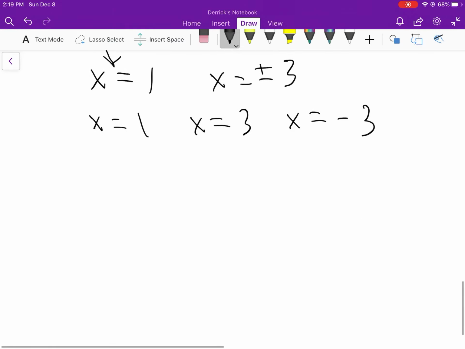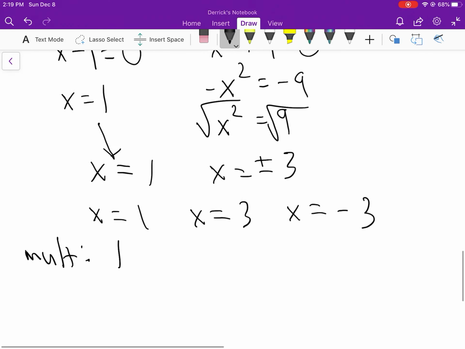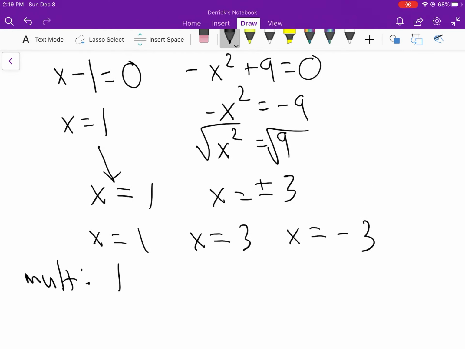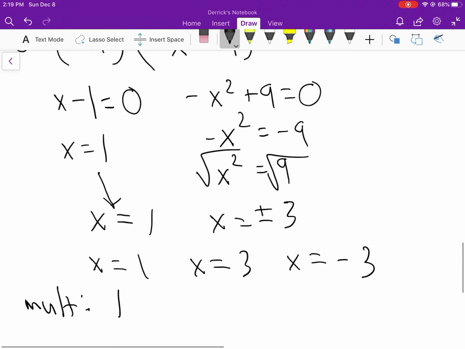We also need to determine the multiplicity of each of these. Now, 1 has a multiplicity of 1. I think we probably all would have been fine with that. On this one, generally, because of this x squared, you would think the multiplicity would be 2. And you would be right, except when we square rooted, we had the plus or minus.